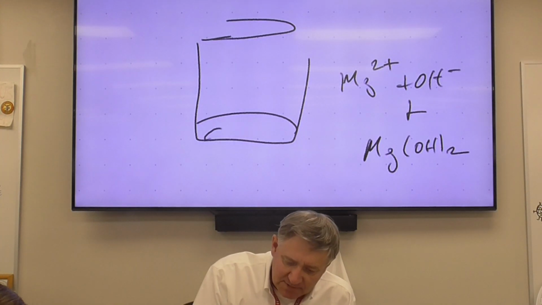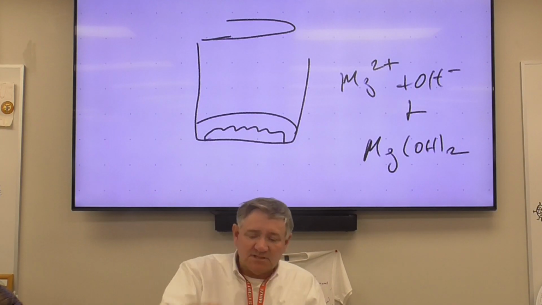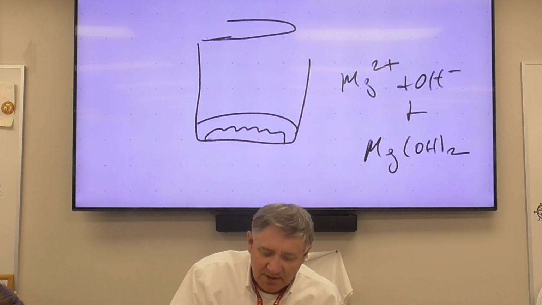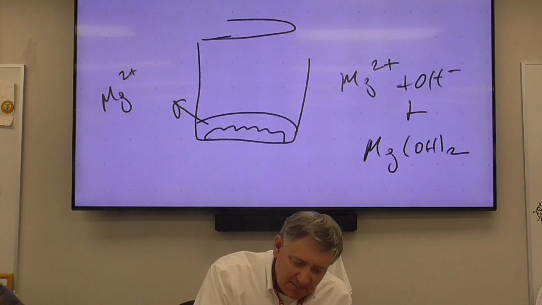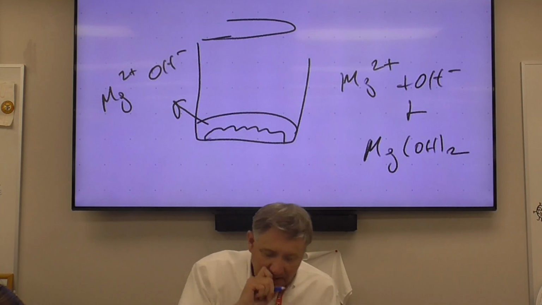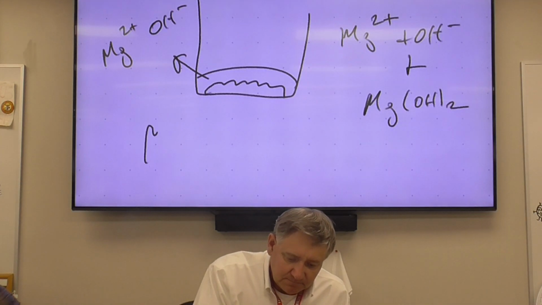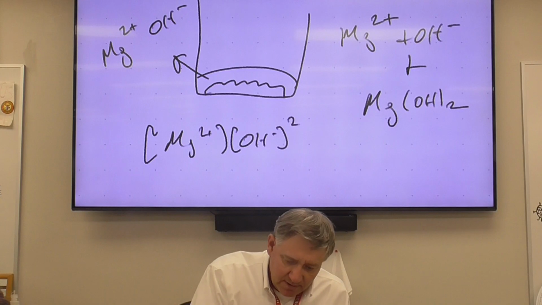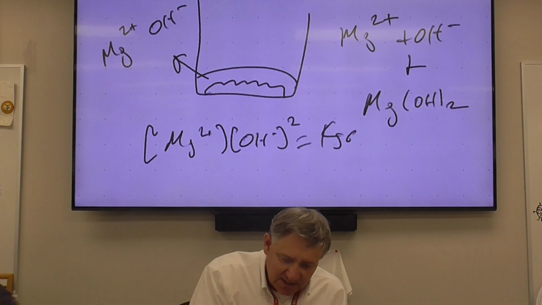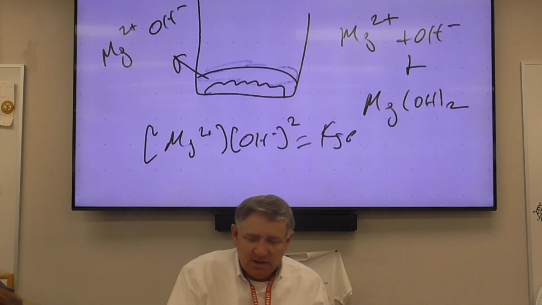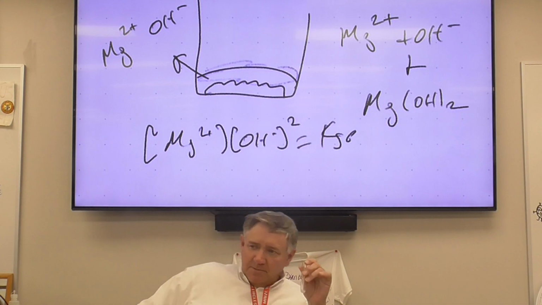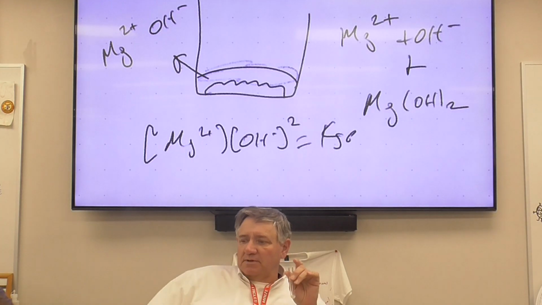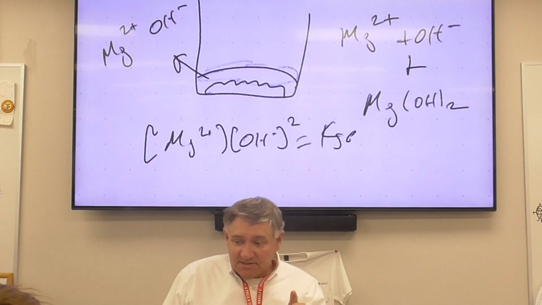But again, the precipitate is not the story. The story is the magnesium ions and the hydroxide ion concentration: Mg2+ times OH- squared equals some KSP. So Mother Nature is going to do whatever she has to do in that solution up above to keep that in equilibrium.